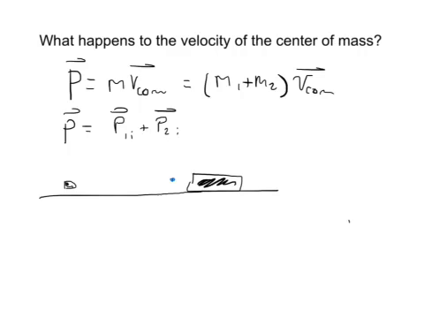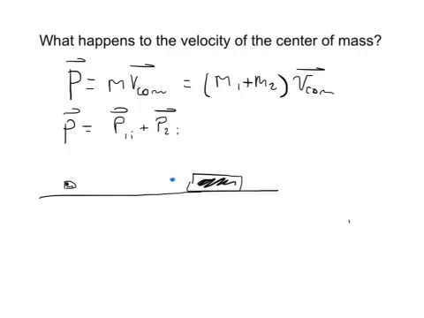And as the bullet starts to move, before it hits the block, the center of mass is going to be moving toward the block, because the mass of the block stays the same, the bullet is moving to the right, so the center of mass is going to move to the right. And then the bullet and the block will be stuck together, and the center of mass is going to keep moving with them.